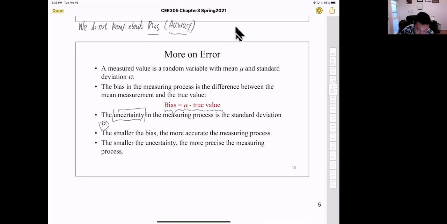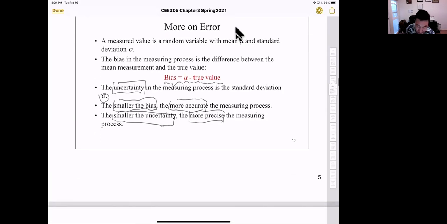Okay, so we use standard deviation sigma to quantify the uncertainty. All right. So the smaller the bias, the measuring process is more accurate. Okay, so the smaller the bias, the measurement is more accurate, and the smaller the uncertainty, we see the measuring process is more precise. Okay, so here we have two more parameters, sigma and the mean value.